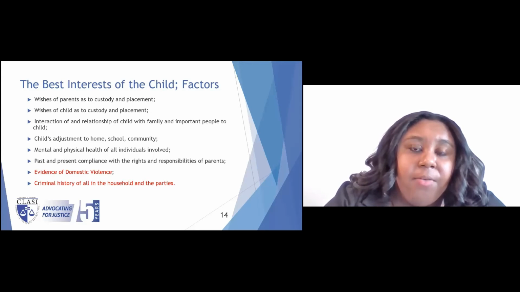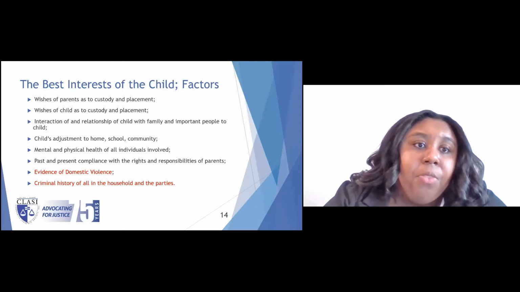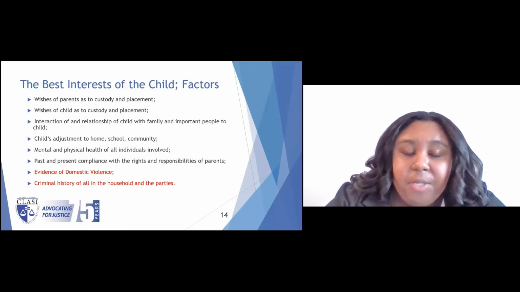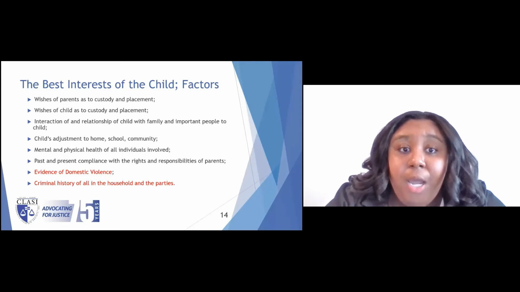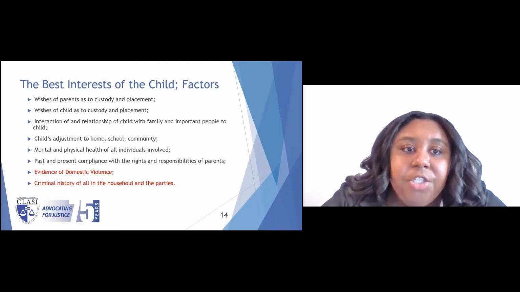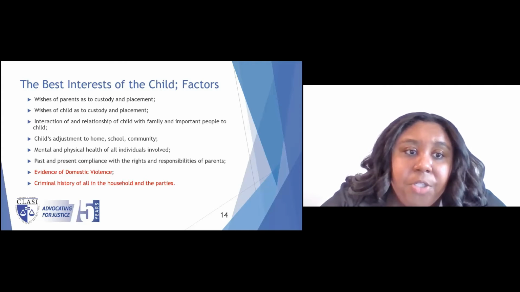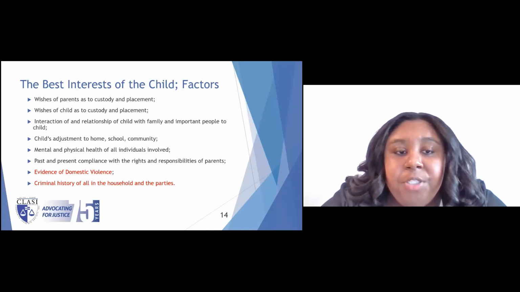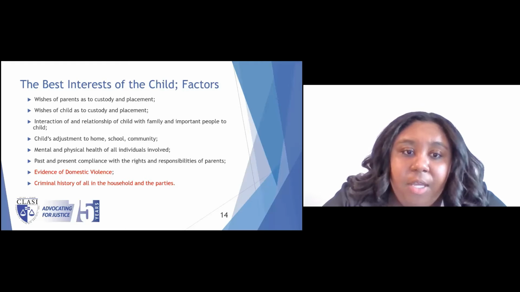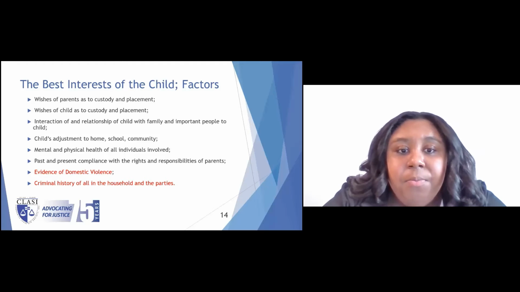The best interests of the child factors include the wishes of the parents as to the custody and placement of the child, the wishes of the child as to the custody and placement of the child, the interaction and relationship of the child with the family and important people to the child, the child's adjustment to their home, their school, and their community, the child's mental and physical health, as well as the parent's mental and physical health, past and present compliance with rights and responsibilities of parents.